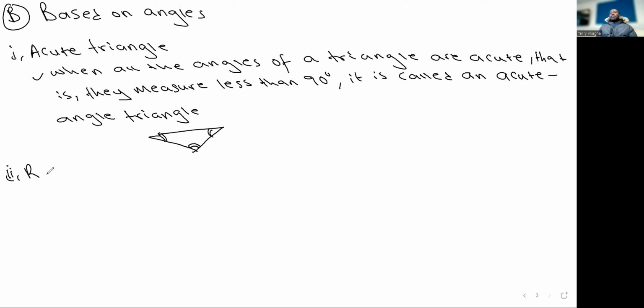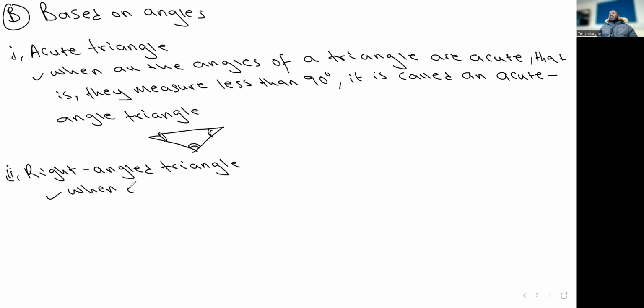Number 2, we have what we call the right angled triangle. It's when one of the angles is 90 degrees.